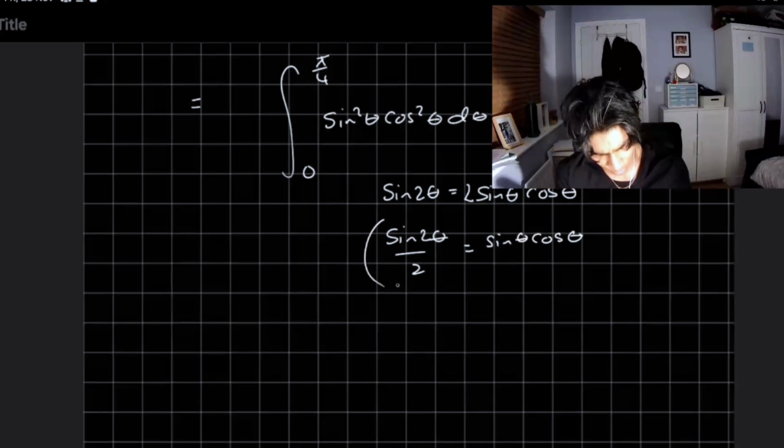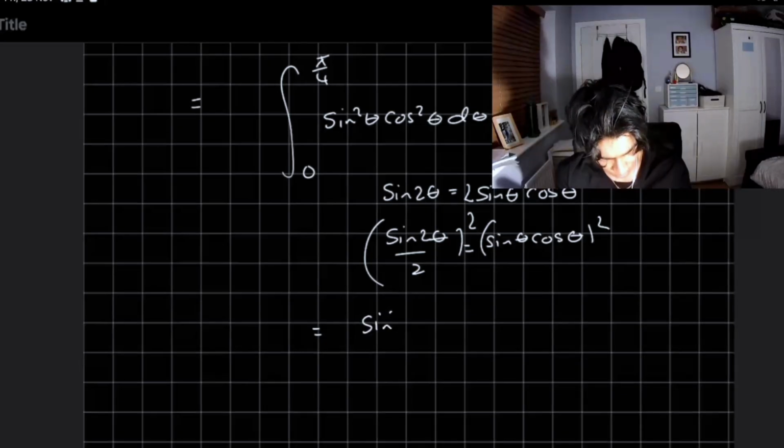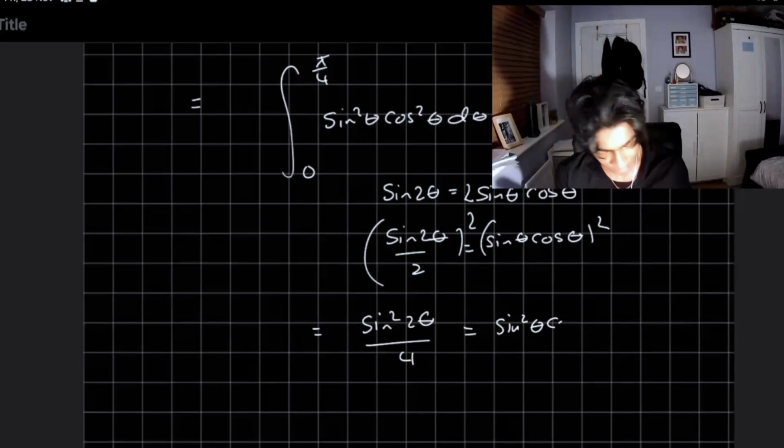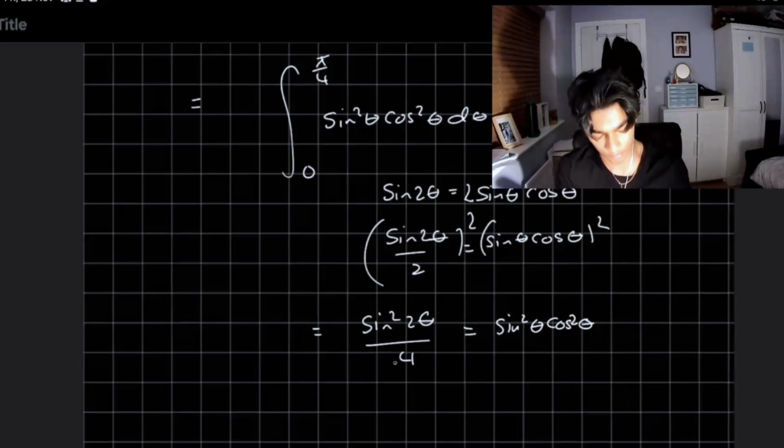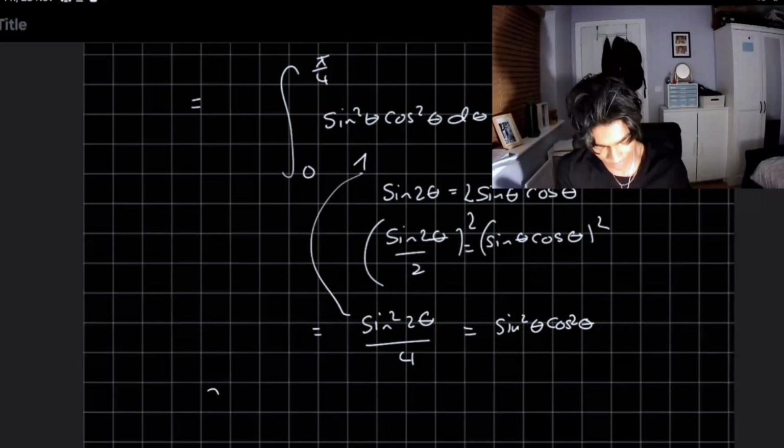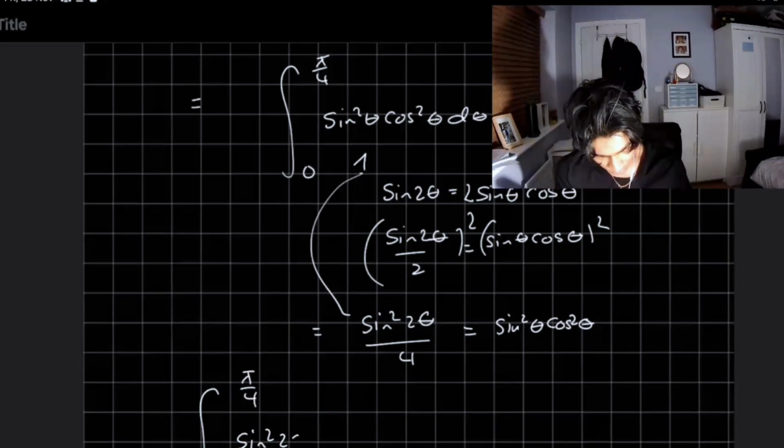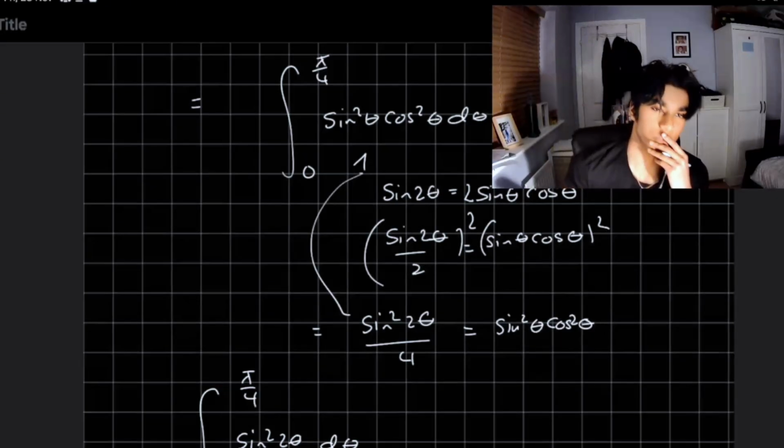And then we just square both sides, which gives sine squared 2 theta over 4 equals sine squared theta cos squared theta. Okay, that's perfect. Now we can put this into the integral: from 0 to pi over 4 of sine squared 2 theta over 4 d theta. We're one step closer to achieving our solution.